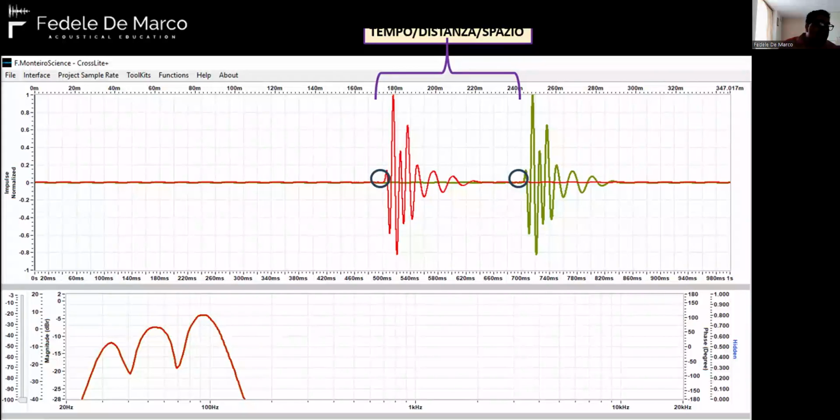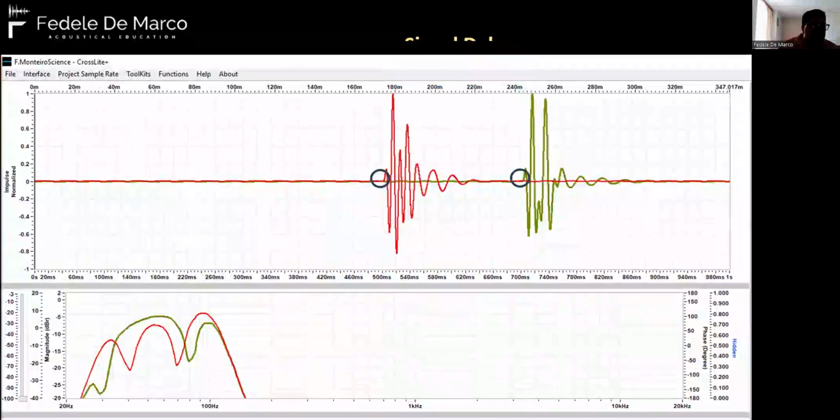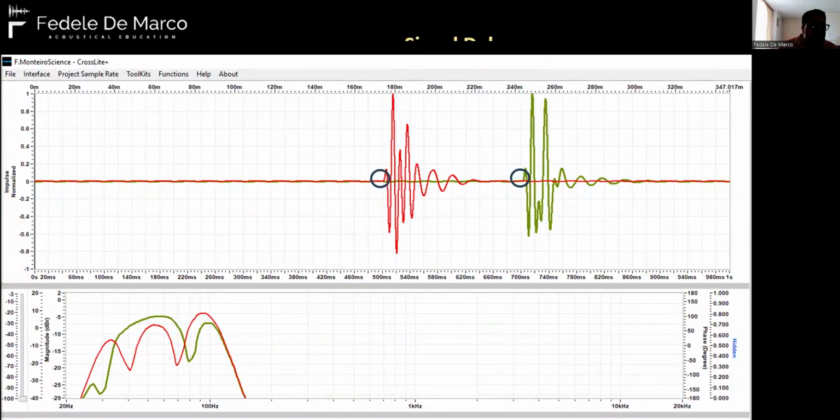In this case, after the alignment, the waveform is similar. Okay. But if I put together two different subwoofers, or with different electronic processings, filters rotate the waveforms, changing their envelope.